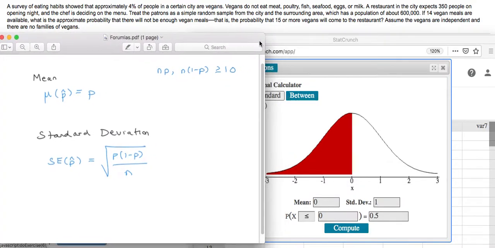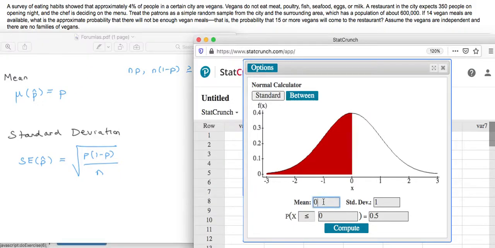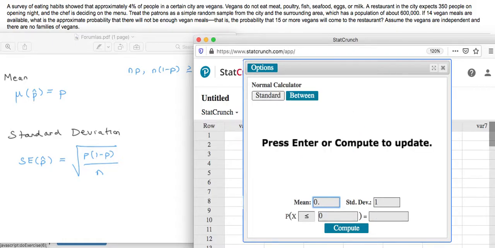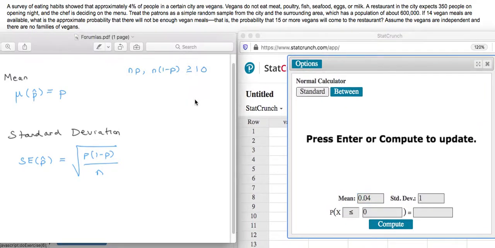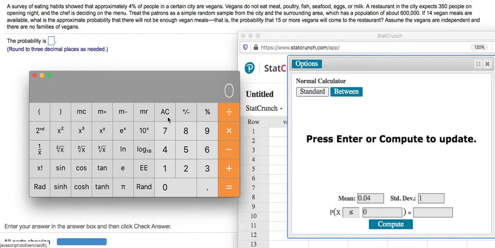Now going back to these formulas, what we want to do in this calculator is enter in the mean and the standard deviation. Well, the mean is going to be equal to this value p, this proportion, which is this 4%. I'm going to enter it as a decimal, so that is 0.04. But we also need a standard deviation. To get that, you do p times 1 minus p divided by n, and you take the square root of that value. So I'm going to hide this and pull up my calculator and go through that computation.